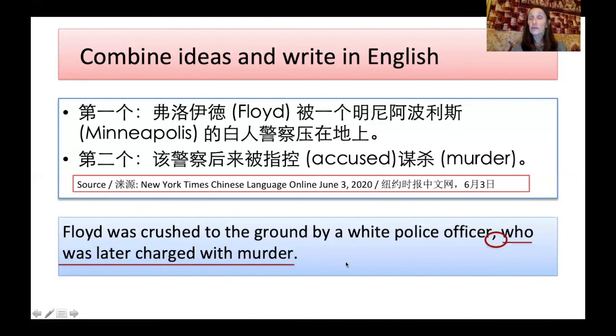And when you're reading English, this can help you know: here's one idea, here's another. And the word that starts the clause will also tell you what it's referring to. And it's almost always right after. So here's the 名词 and here's the 关系词, and there it comes right after.